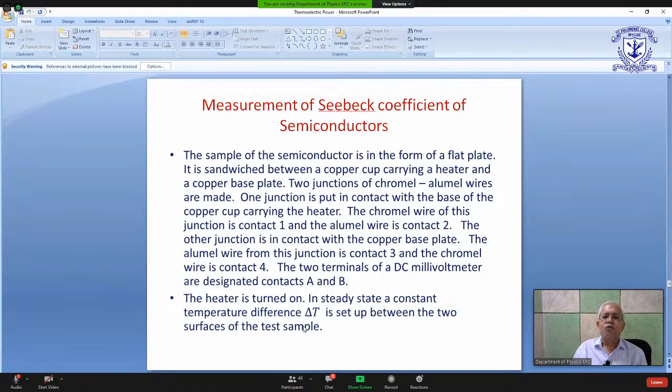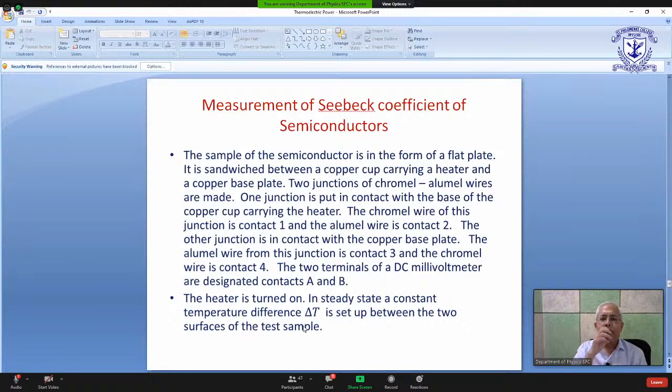We will use two chromel-alumel thermocouple junctions. One junction is connected on the hot copper cup which carries the heater, and the other junction is pasted on the copper plate which is the cooler plate.